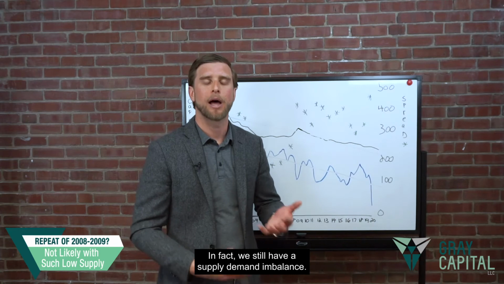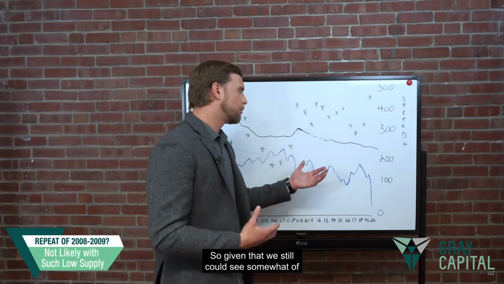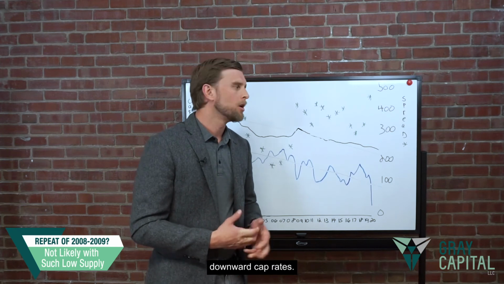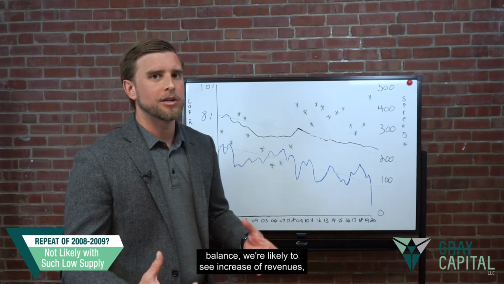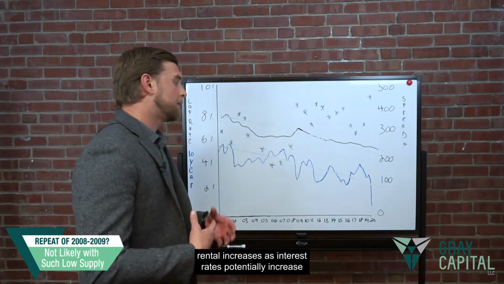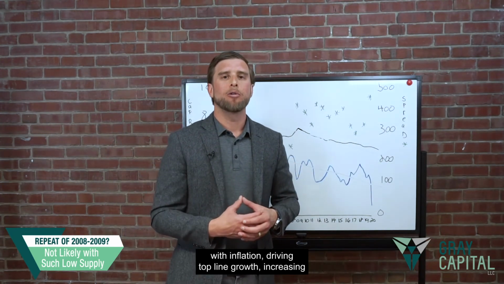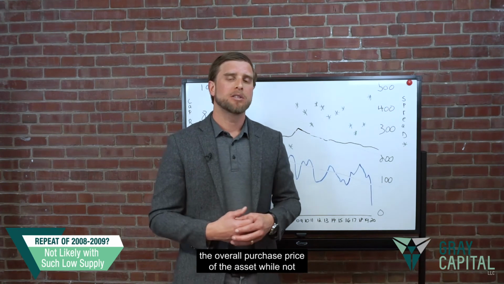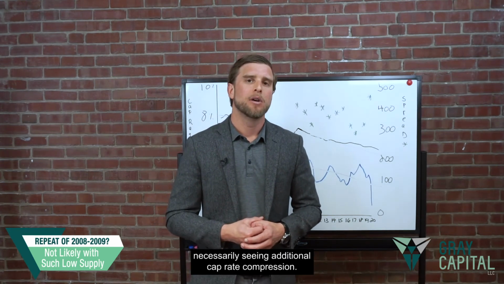In fact, we still have a supply-demand imbalance. So given that we still could see somewhat of downward cap rates, more likely with that supply and demand imbalance, we're likely to see increase of revenues, rental increases as interest rates potentially increase with inflation, driving top line growth, increasing the overall purchase price of the asset, while not necessarily seeing additional cap rate compression.